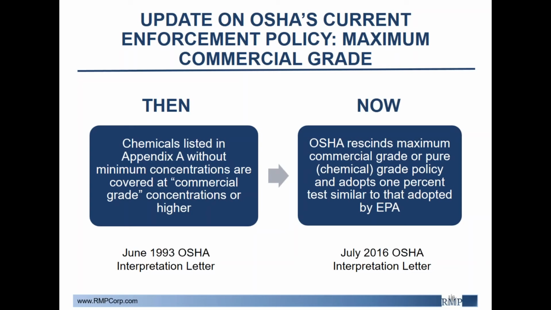The 1% test is utilized if a regulated chemical is in a mixture at a ratio greater than 1% by weight and no listed concentration exists on the list of chemicals in Appendix A. This rule also considers only the weight of the chemical itself within a mixture, excluding solvent, solution, or carrier. An exception to this rule is when the partial pressure of a chemical in a mixture is less than 10 millimeters of mercury, then the chemical is not included in the PSM applicability determination.